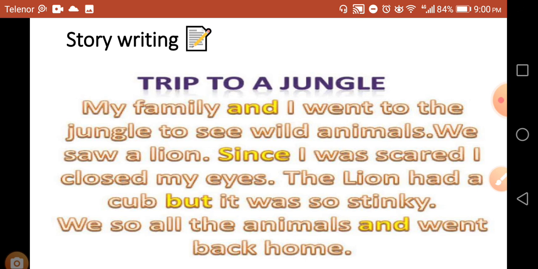We saw all the animals and went back home. So this is a small story created using the coordinating conjunctions, also known as the FANBOYS. So you can create a small story with the help of these conjunctions.